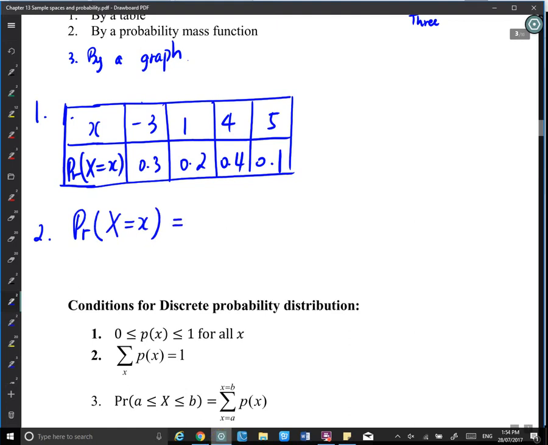Well, I will say probability X equals x is 1 over 14 x squared, since 4 plus 5 plus 9 is 14, and then x belongs to 1, 2, and 3.